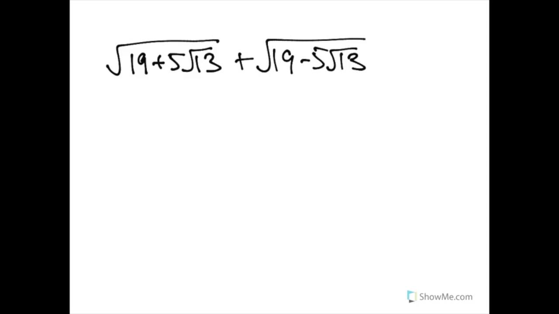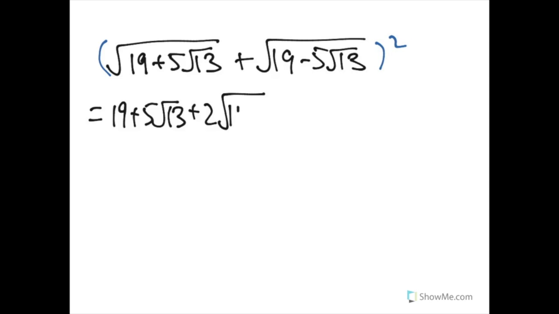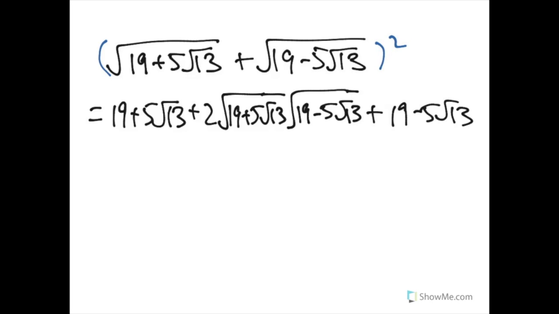Alright, so I'm going to give the solution right now. I'm going to go through this a bit quicker than last time because I don't really need to cover all of the details. So I'm going to square this expression, and we get 19 plus 5 root 13 plus 2 times the square root of 19 plus 5 root 13 times the square root of 19 minus 5 root 13, plus 19 minus 5 root 13.